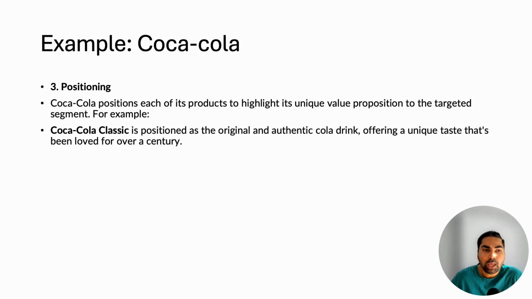For instance, when they want to sell Coca-Cola Classic, they position it as their classic drink, which is the Coca-Cola taste. If I want to purchase a Coca-Cola, even though I'm health conscious, I don't really go for Coke Zero or Coke Light, because I believe they are as bad as Coke Classic. So I just go for Coke Classic because I want that authentic taste. So that's how they position it. That's how they create their marketing content.